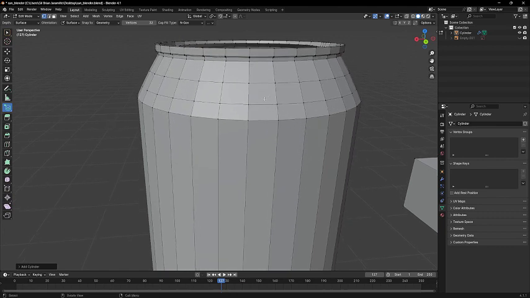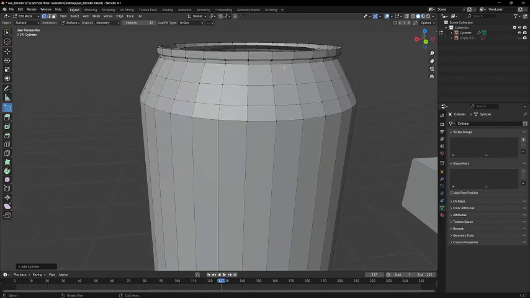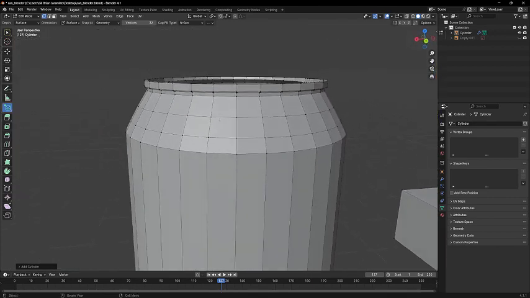I cannot zoom anymore. Here we have the dot. This is the edge, the intersection of two lines at a point.